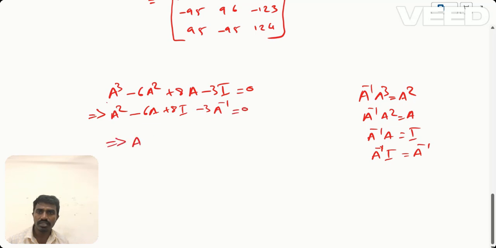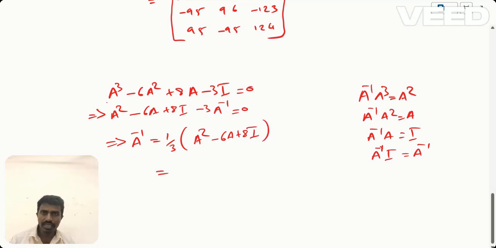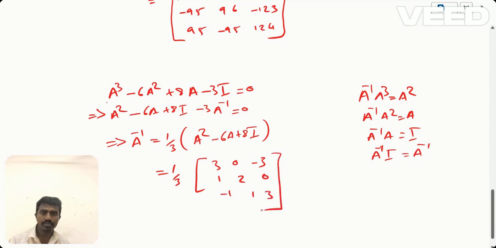From this, A inverse equal to 1 by 3 times A square minus 6A plus 8I. Now substitute the values of A square, A and I. Then you get the A inverse matrix, which is equal to 1 by 3 times 3, 0, minus 3, 1, 2, 0, and minus 1, 1, 3. You can verify it. Thank you.